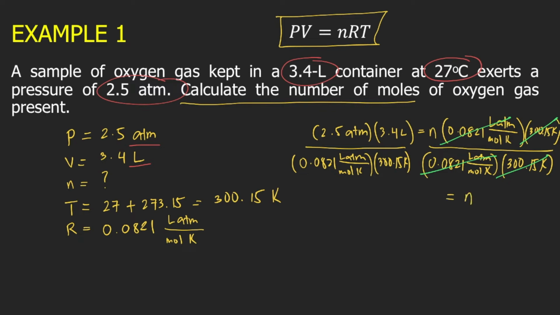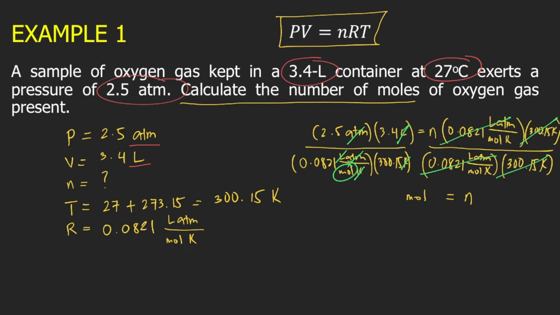And on the left side, you can see that the liters will cancel out, ATM will cancel out, and Kelvin will cancel out. So the remaining unit on the left side is moles, which is what we are looking for in this problem. So the unit would be moles.